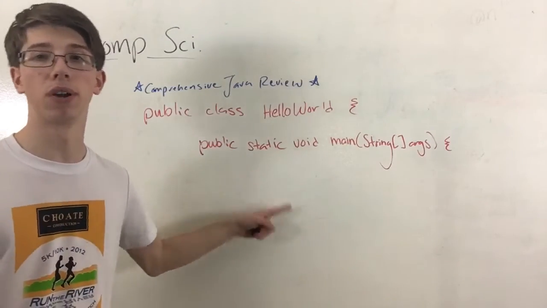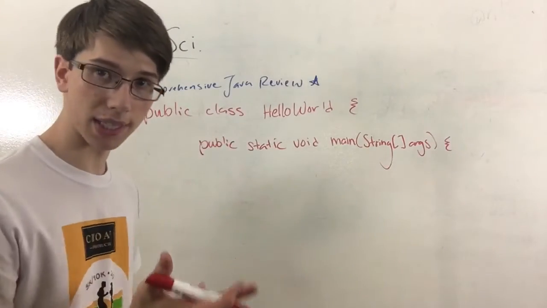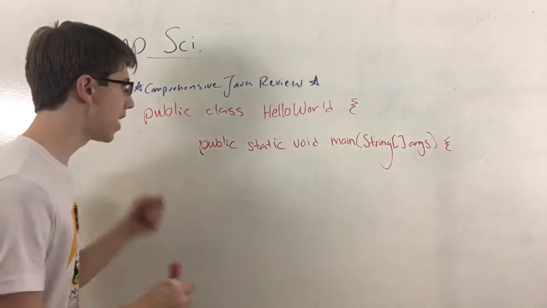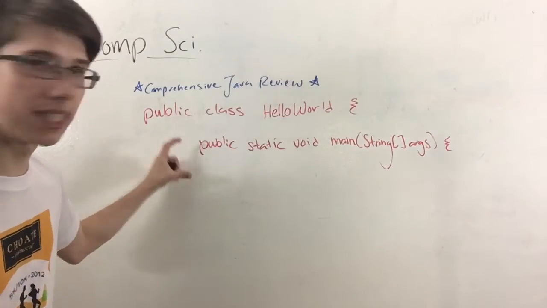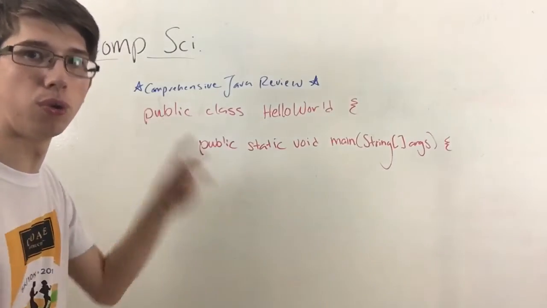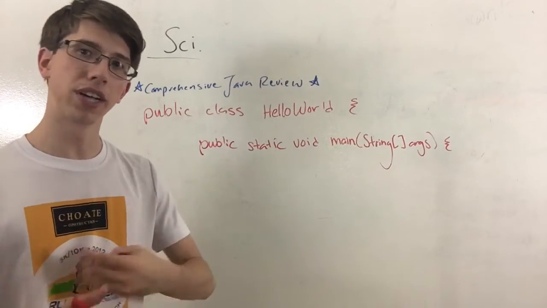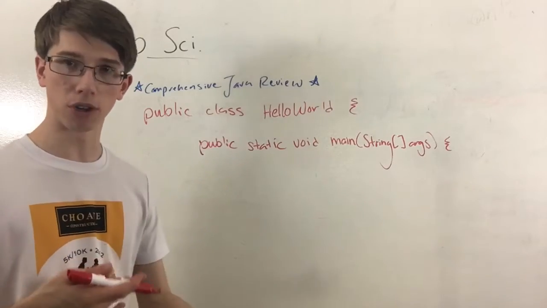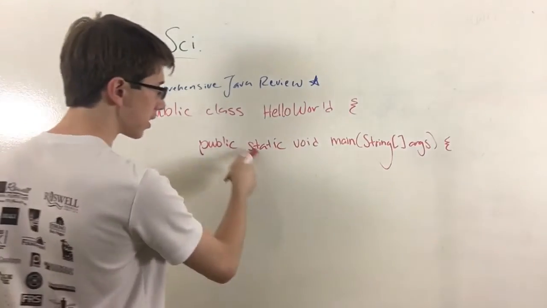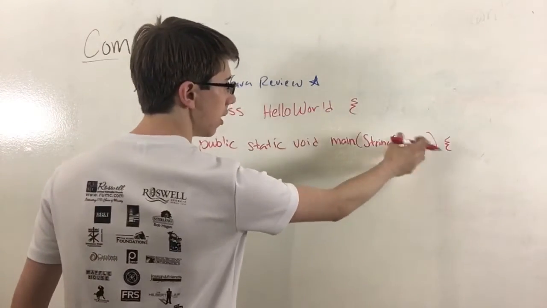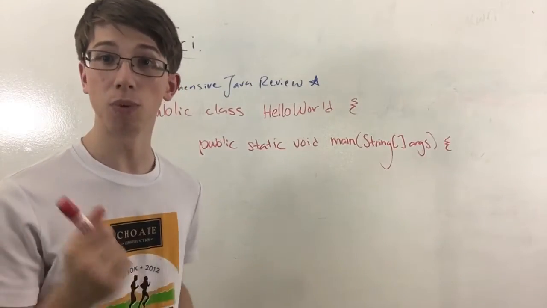We'll get into more about what a main method is when we talk about driver classes in the future, but a main method is just telling your code, this is what I want the code to run. I want it to drive this. Just memorize this exact thing: public static void main String args. And remember the hard brackets after the String. We'll talk about what those hard brackets mean when we get into arrays. Okay?